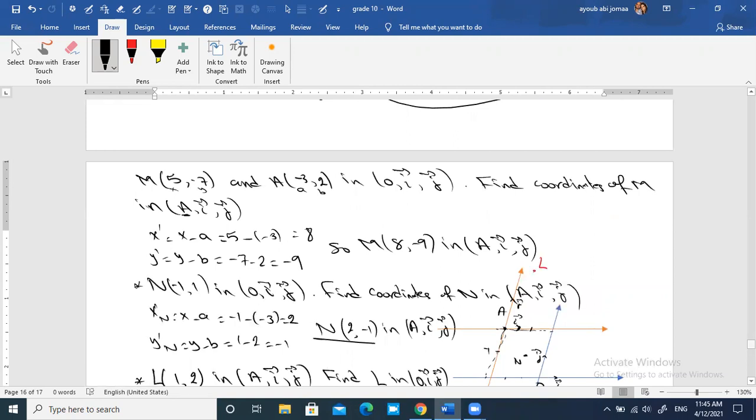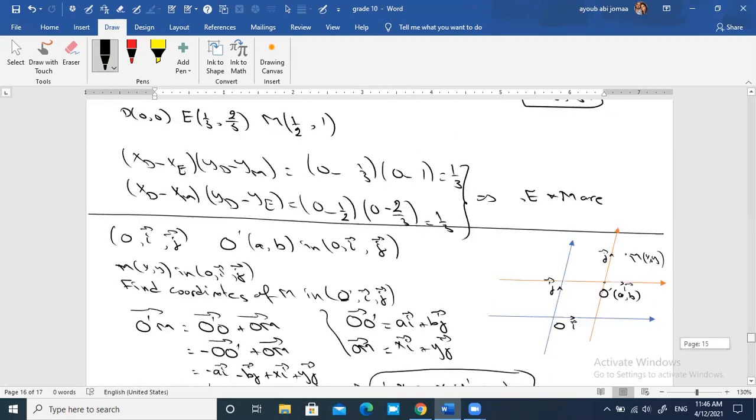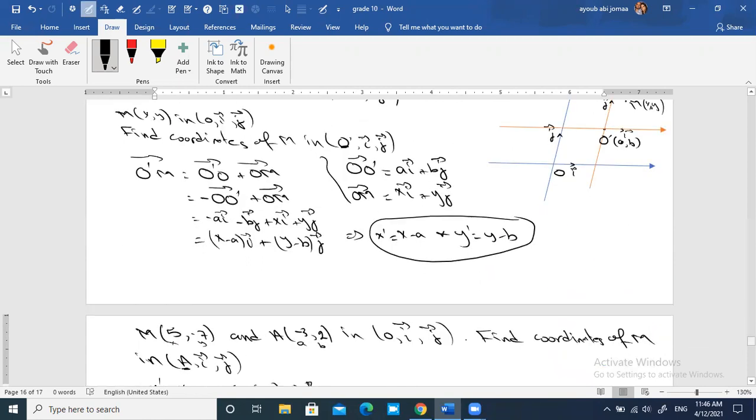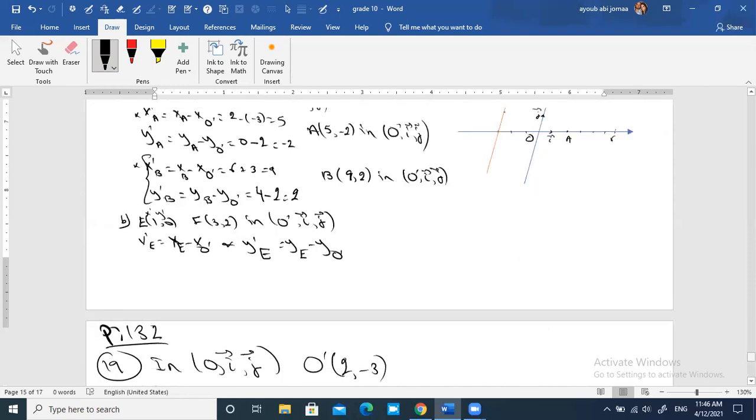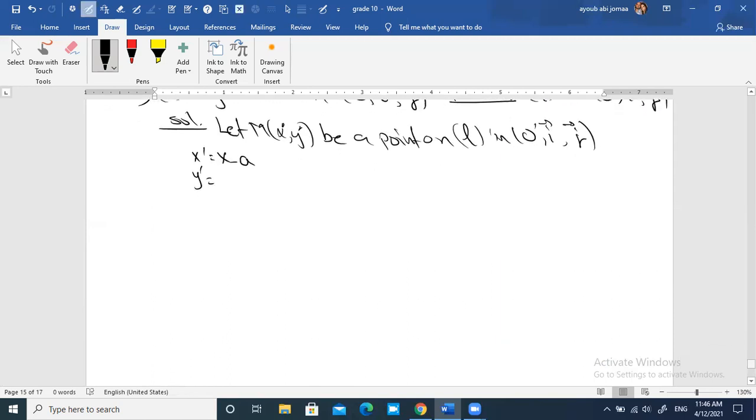Correct, these are what we wrote last time. If you have a translation of the system, x prime, the abscissa of the point in the new system, is the abscissa of the point in the old one minus the abscissa of the new origin. So here x prime is x minus x of O, and y prime is y minus y of O. Okay?